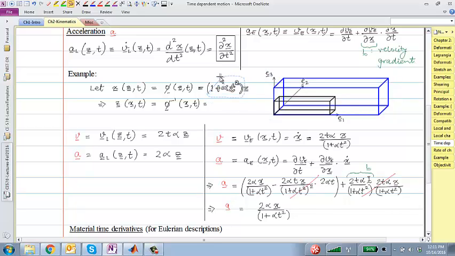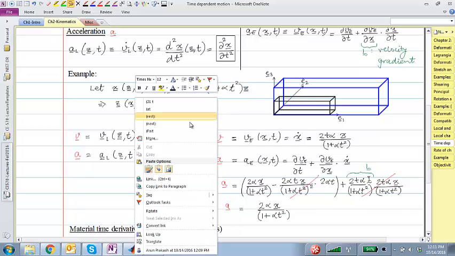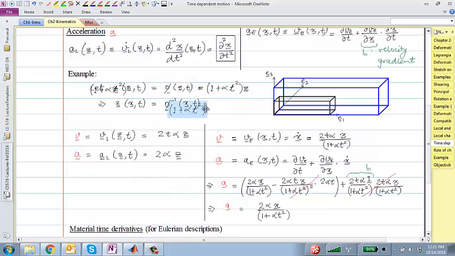Just move this to the denominator. So let's see if that works. That goes in the denominator, and what I have here is x in the numerator.